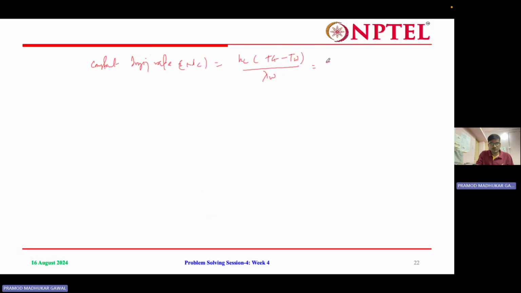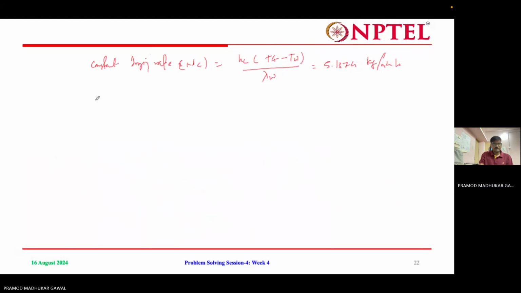I calculated 5.1374 kg per meter square per hour. Initially we get the unit in seconds, so you have to convert into hours.